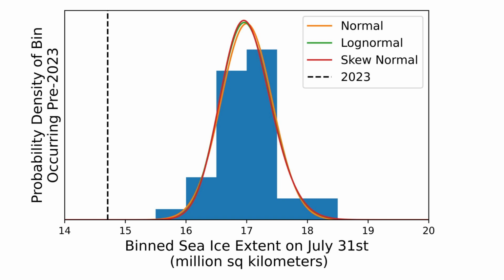So this is my point. The probability distribution that you fit to this is essential to calculate how likely we were to get such an extreme event, and it's extremely consequential to the number you get in the end. And we don't know which one of these distributions actually fits this histogram.